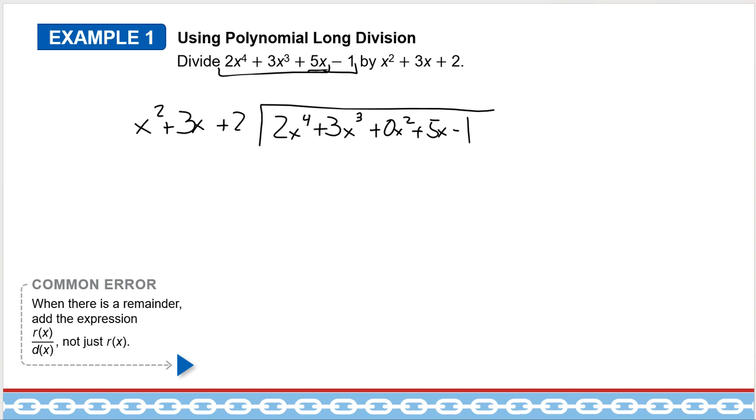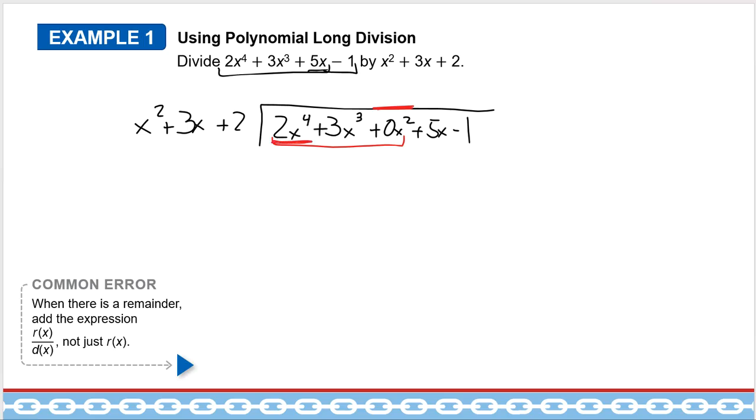So I have my dividend underneath the long division sign. My divisor here has three terms, so I am only going to be working on these first three terms. My first part of my quotient, my answer, is going to go above this third term. And to do this, I am going to start right here.